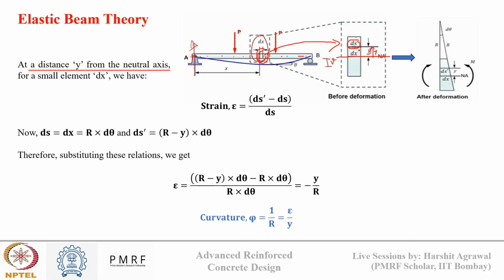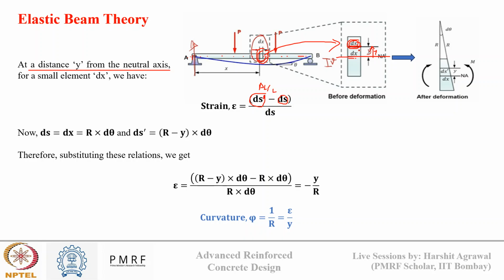So what will be the strain in this segment? The strain is the change in length upon the original length. The original length of this segment right now is ds, and the change in length will be ds dash minus ds, where ds dash is the final length and ds is the initial length. This initial length ds will be equal to dx, because there is no load acting initially.